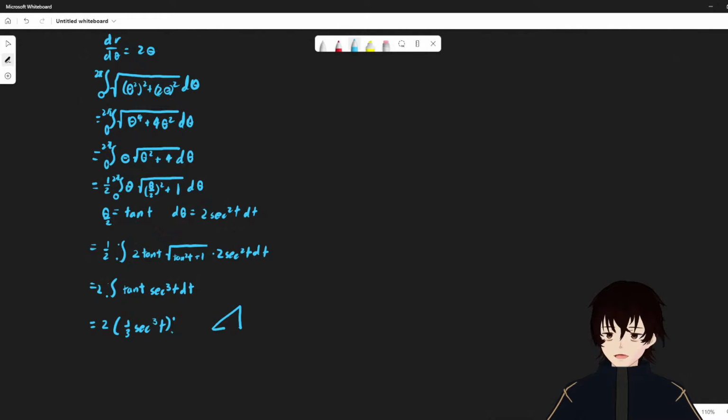Draw a little triangle. The tangent of t is equal to opposite over adjacent. This is the square root of theta squared plus 4. Secant is adjacent over hypotenuse. No, hypotenuse over adjacent.